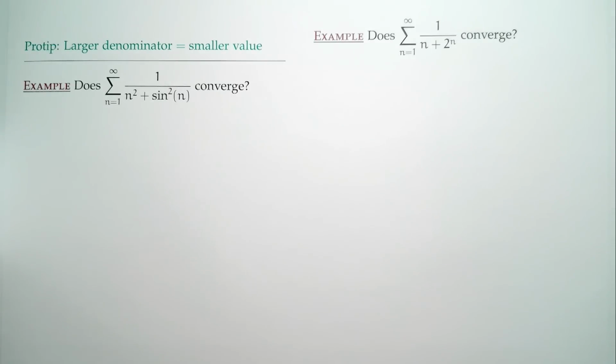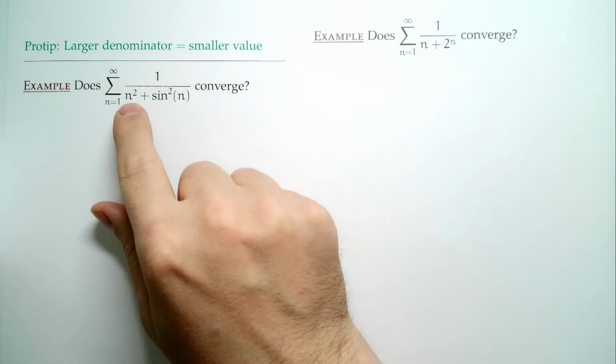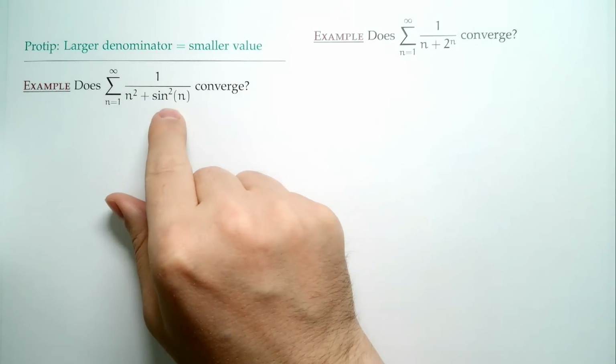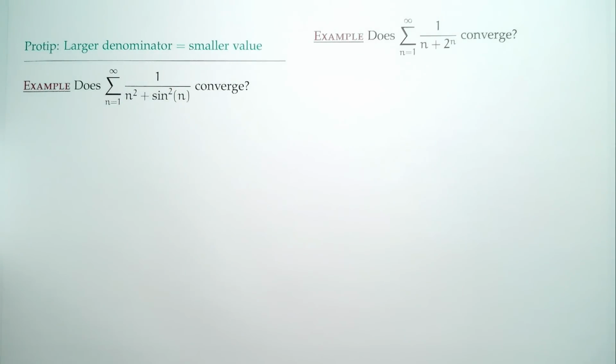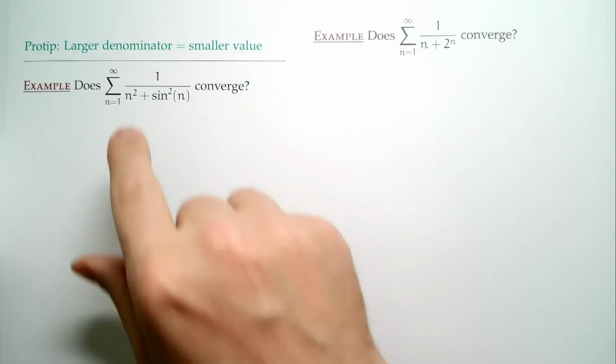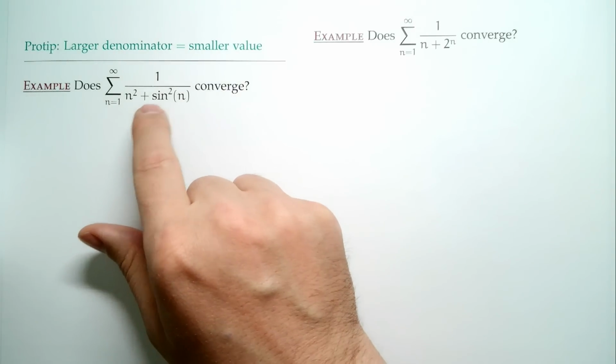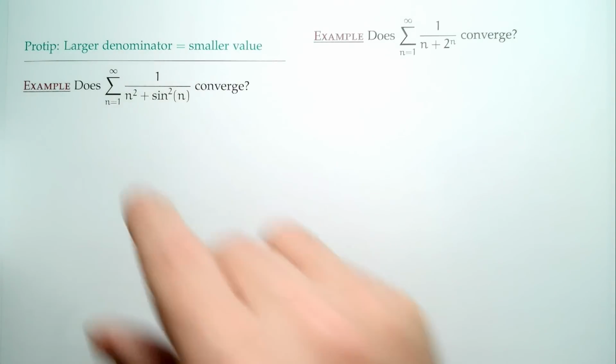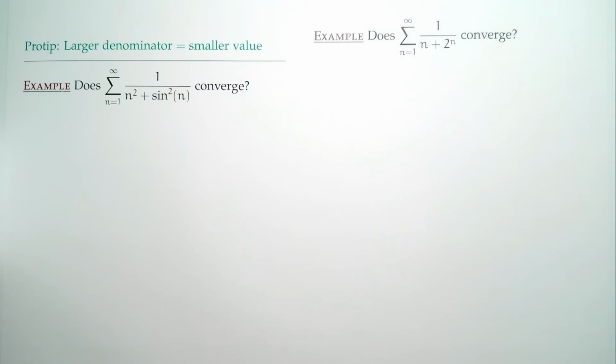And the trick is to say, what matters? So let's think about it. We have n squared and sine squared of n. If I have a really large value of n, they don't even have to be really large, like 10 or 100, which one of these two terms is important? In other words, causes the number to be large or small?